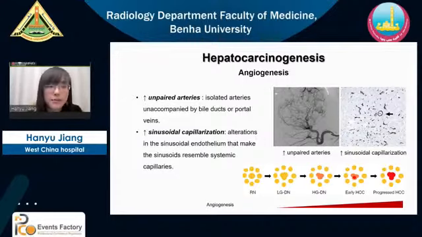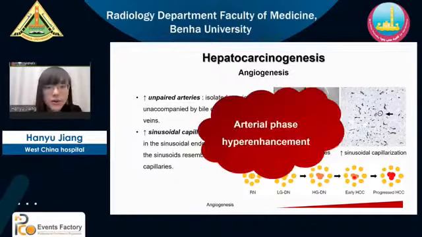Sinusoidal capillarization is minimal in RN and LGDN and is successively more prominent in HGDN, early HCCs, and progressed HCCs. So angiogenesis gives rise to arterial phase hyperenhancement on contrast-enhanced imaging.